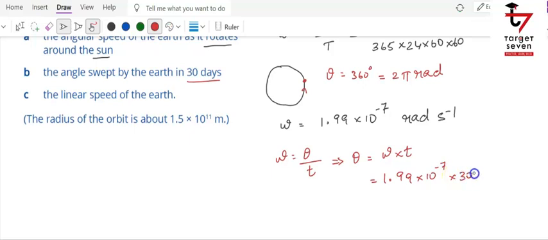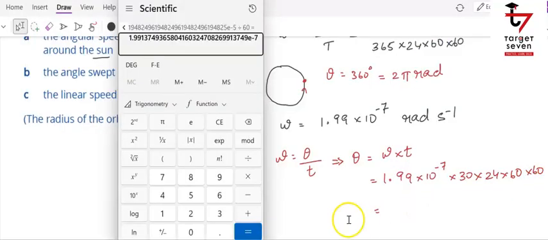So this is a 30. Each day would have 24 hours. Each hour would have 60 minutes and each minute would have 60 seconds. Calculate that again. So we are already having the value of omega fed in here. This will be into 30, that is 30 days, into 24 hours, into 60 minutes per hour, into 60 seconds per minute.